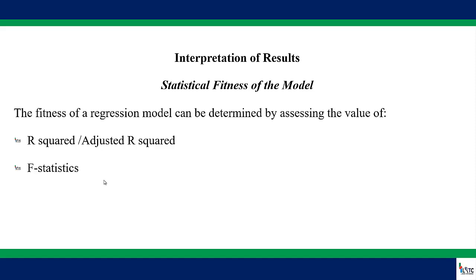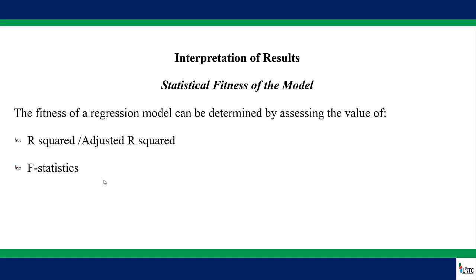So the condition is that if the probability of F-statistics is less than 5%, it means that the independent variables are significant in explaining the changes in the dependent variable.